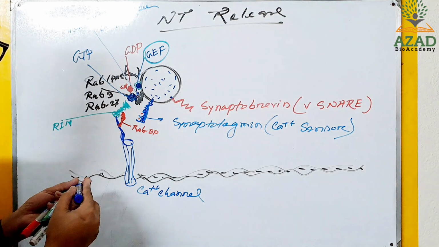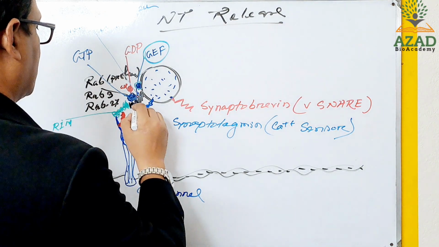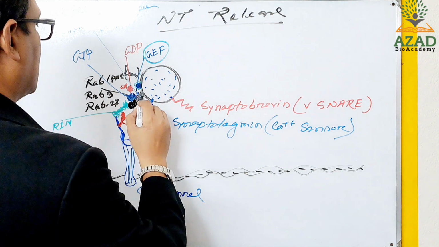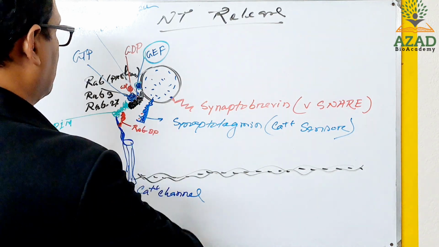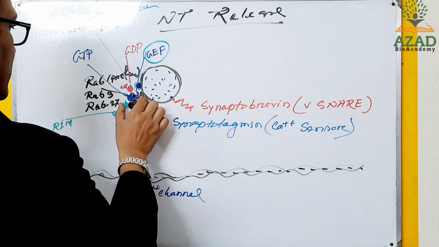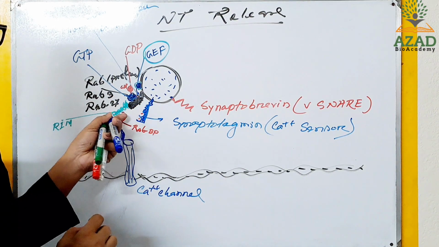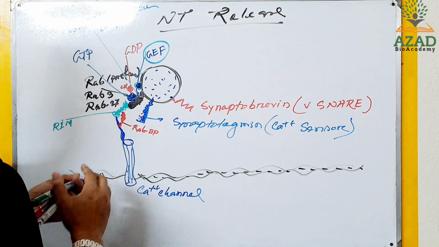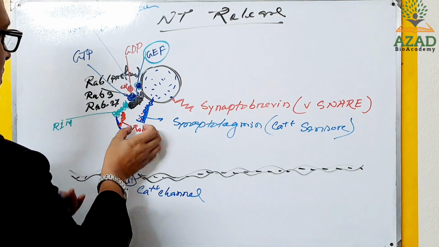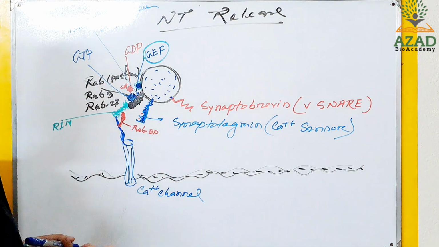This Rab protein will attach directly with the RIM protein. When the Rab protein binds with the RIM protein, then the RIM binding protein will make this bonding very stable.